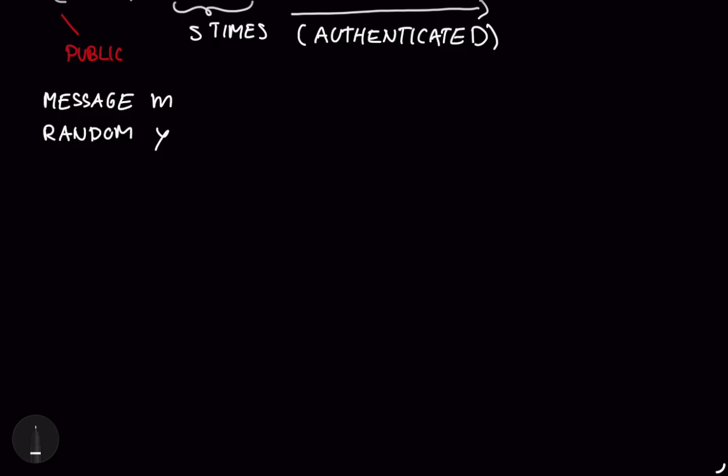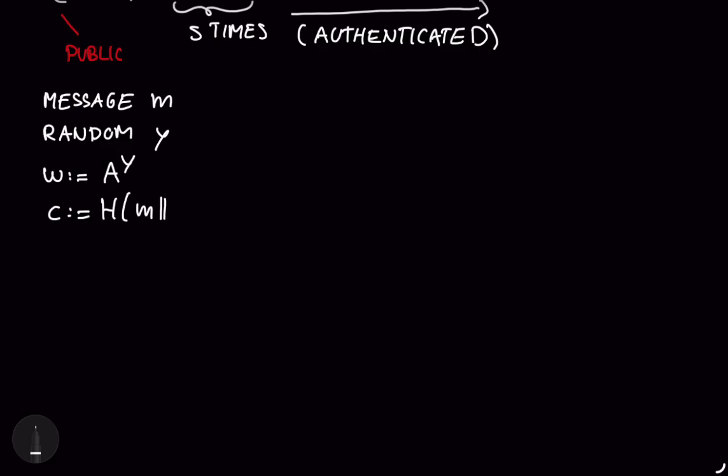And then Alice computes a W, and this is the power of A, Y times. And then we have a hash function.